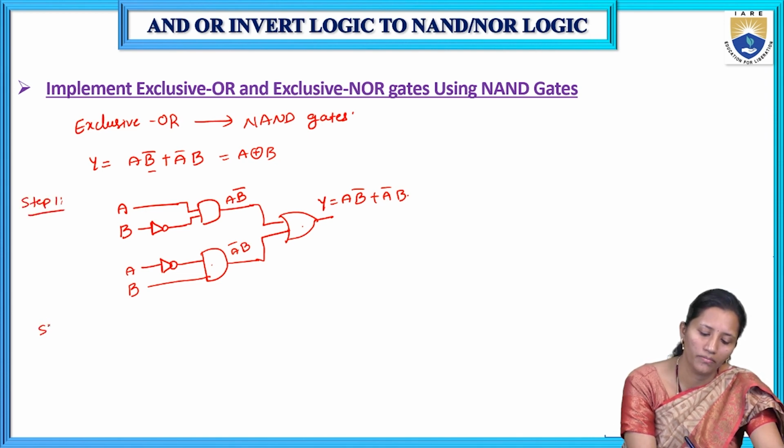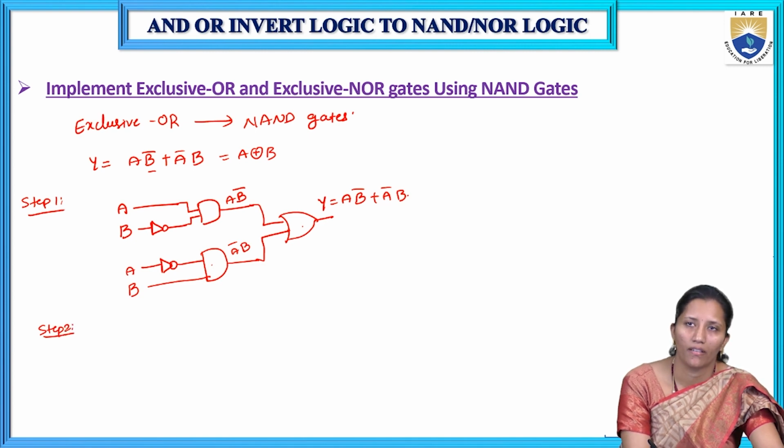In step 2, if it is NAND realization, we have to add bubbles at the outputs of the AND gates and we have to add bubbles at the input of the OR gate. So here we have two AND gates, one OR gate.